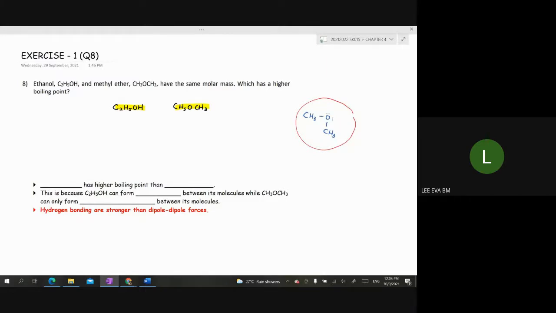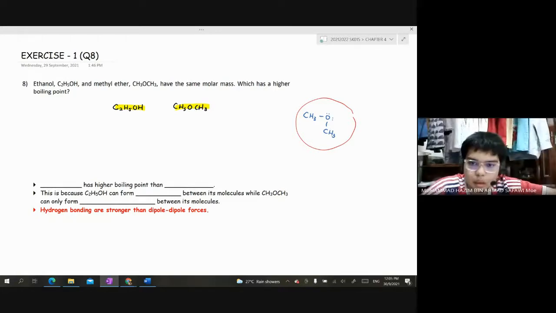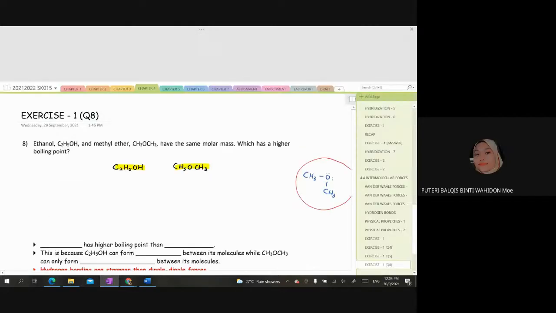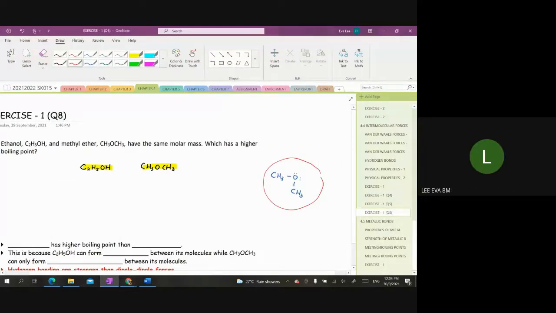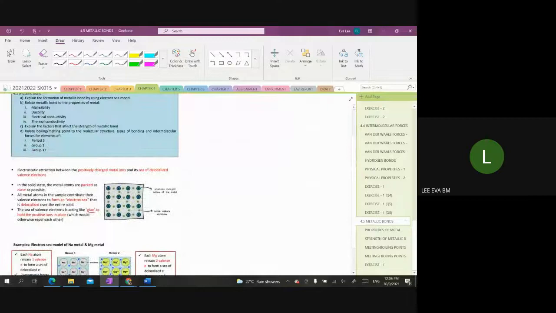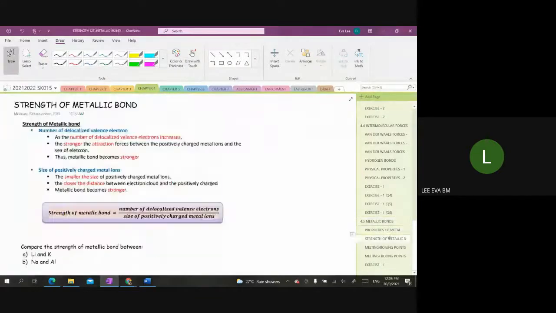Dah screenshot. Done. Yang lain? Dah, madam. Okay, so for our topic on coming Sunday, we will talk about the metallic bond. Metallic bond is also quite short.